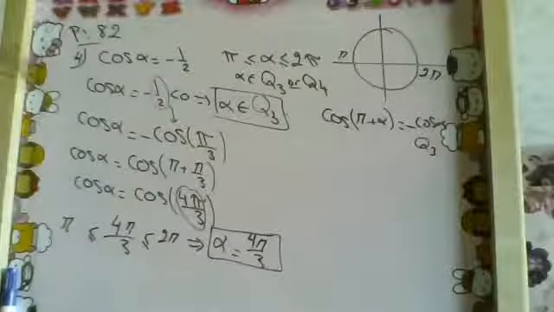Here we start at zero. This is pi over 2, because it is 90. After another 90, another pi over 2, so you get pi over 2 plus pi over 2, which is pi. Another 90 degrees, so pi plus pi over 2 is 3 pi over 2. Then 3 pi over 2 plus pi over 2 is 4 pi over 2, which is 2 pi.